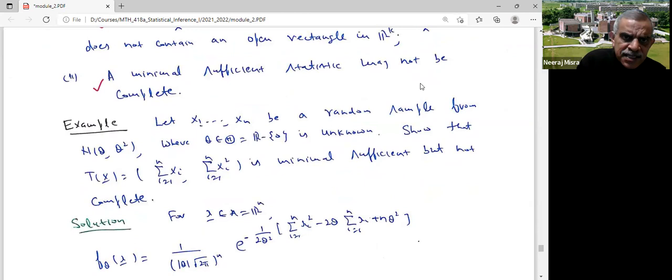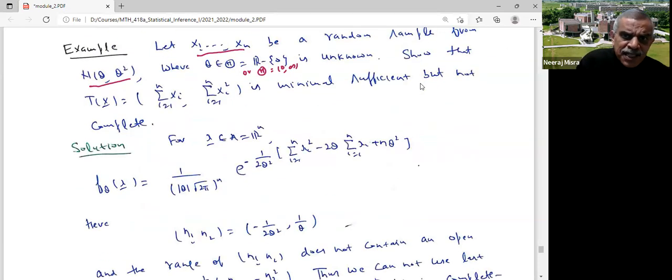Let X_1, X_2, ..., X_n be a random sample from Normal(theta, theta squared), where theta is anything different from 0. You can take theta to be in (0, infinity) also, it doesn't matter. So that T(x) equal to summation x_i squared is minimal sufficient, but not complete.